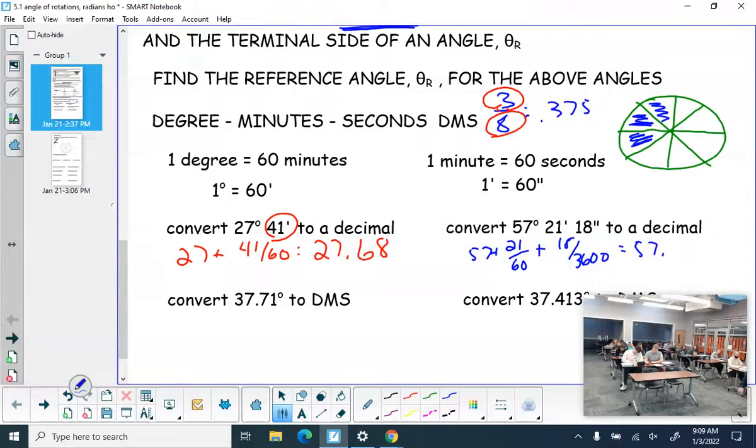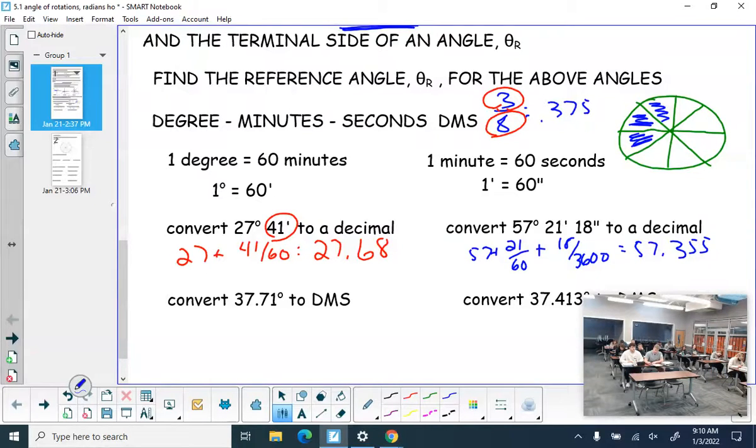Sophia, what do you come up with? 57.355. Good with that? Once again, don't be afraid to just put everything into the calculator and type it all in. Don't worry about doing things in pieces, parts. Do the entire thing.